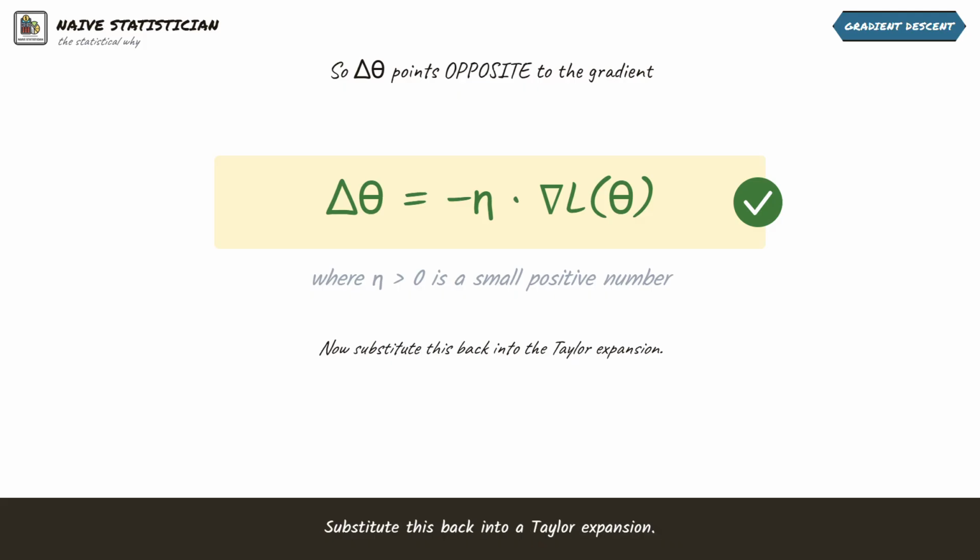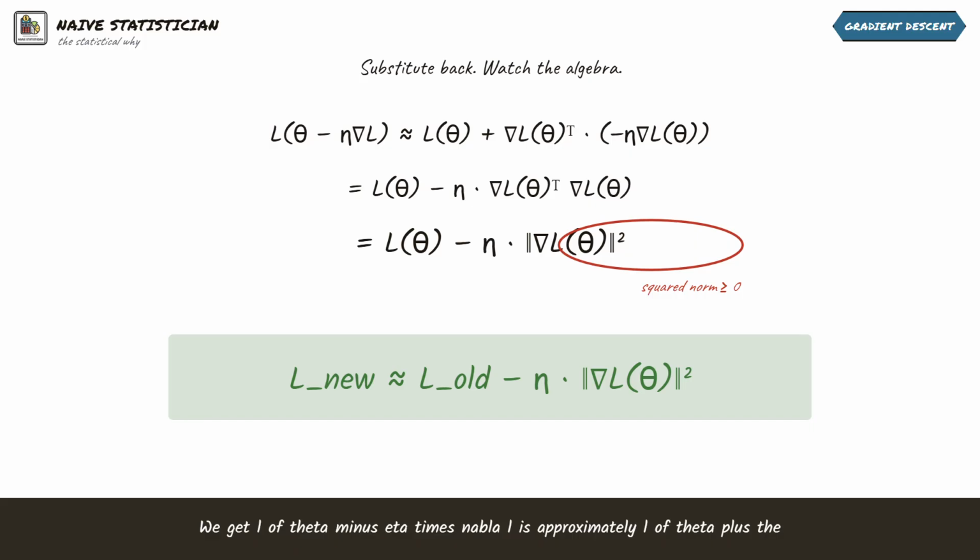Substitute this back into a Taylor expansion. We get L of theta minus eta times nabla L is approximately L of theta plus the gradient dotted with minus eta times the gradient, which simplifies to L of theta minus eta times the gradient dotted with itself, which is minus eta times the squared length of the gradient.